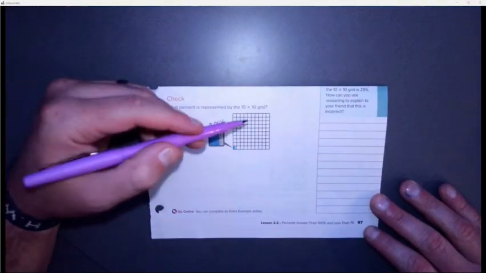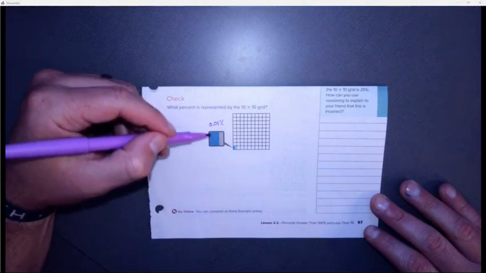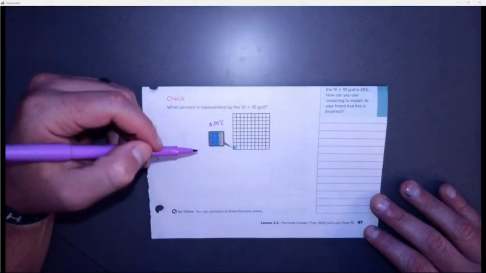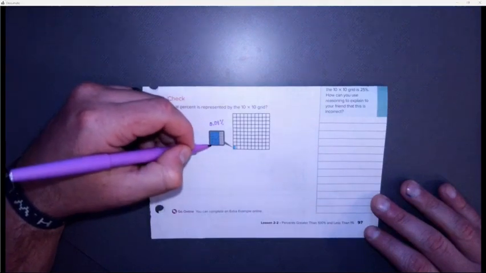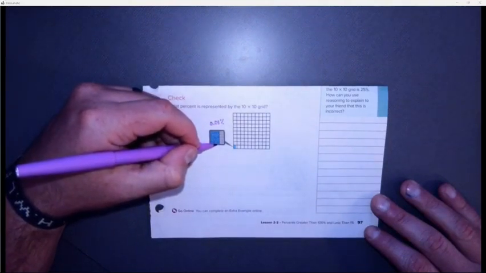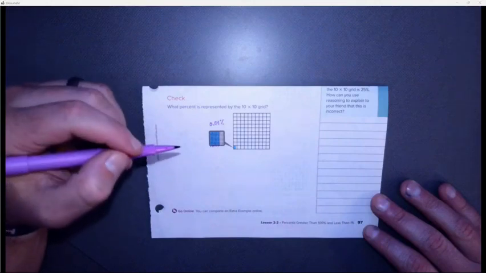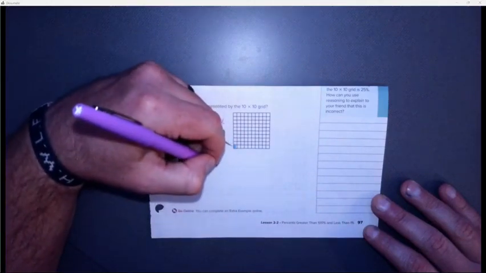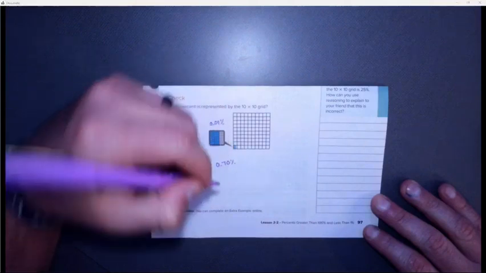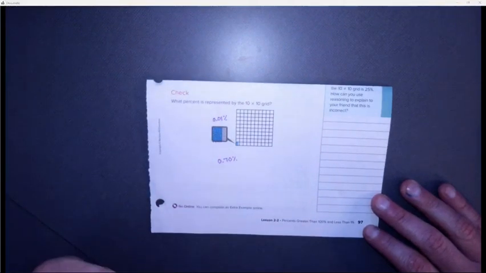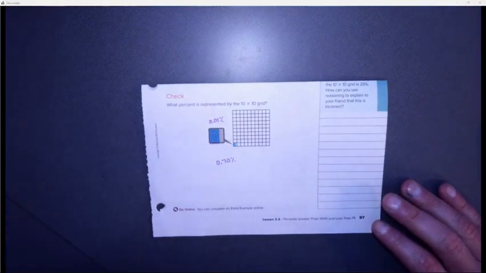Well, it's the same concept as my normal 10 by 10 grid. There's still 10 by 10 here. So if I have a full column or a full row, that's 10, and then I can just count my partial rows or partial columns. In this case, I have 1, 2, 3, 4, 5, 6, 7 full columns. So I know 7 times 10 is 70. So I have 0.70% or 70 hundredths of a percent, but that's not quite how we want to write this number.